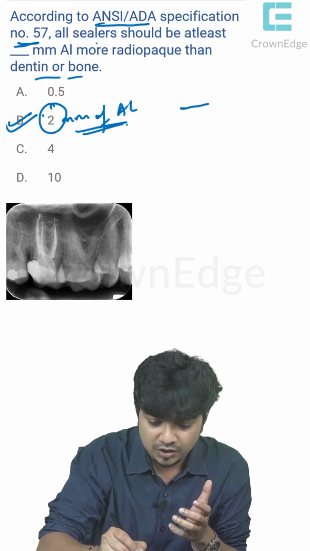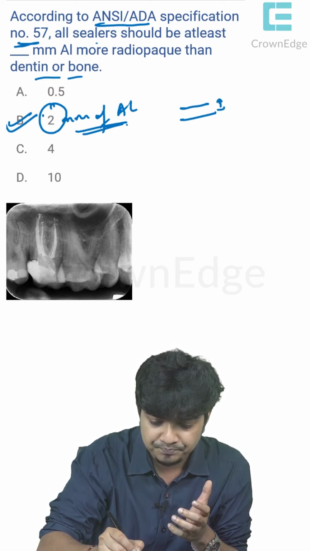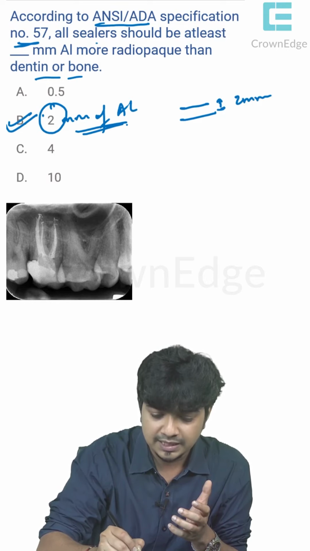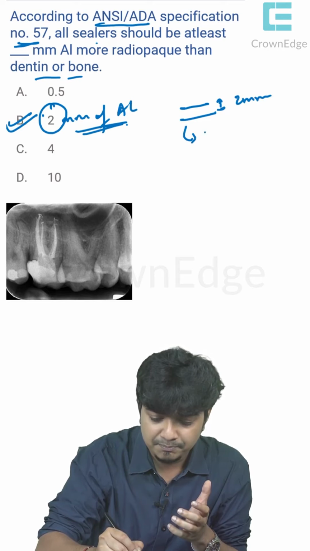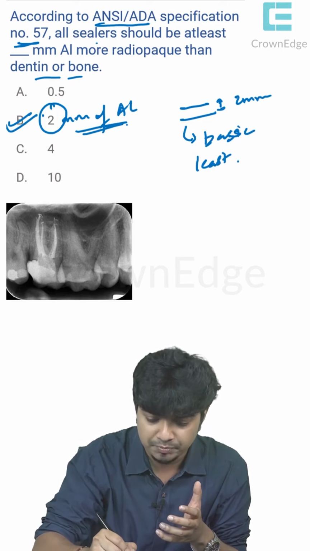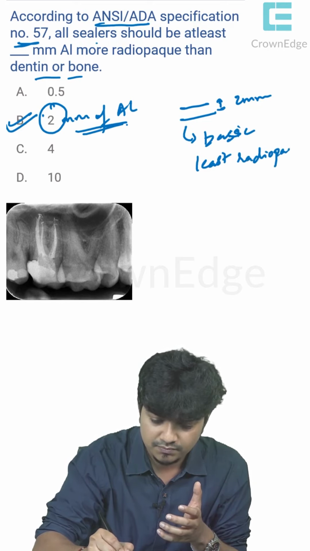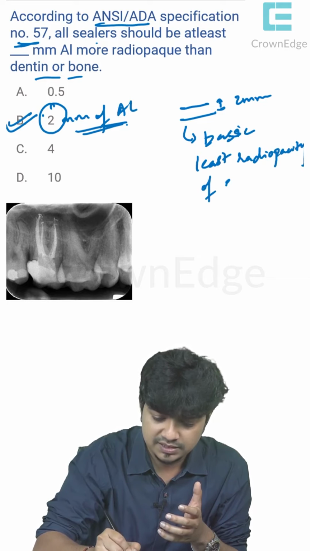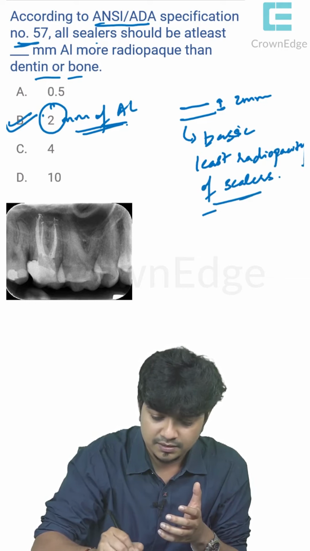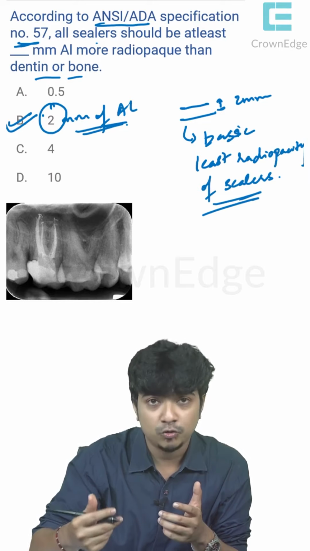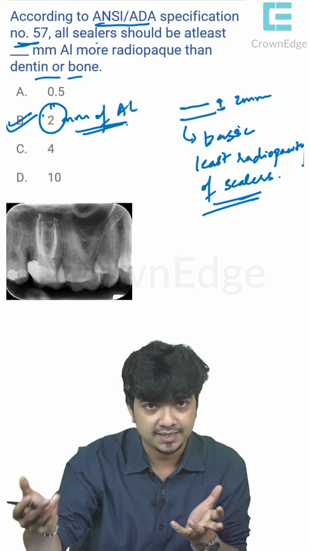That means that 2 mm of aluminium is required to be the basic, or the least, the minimum radio opacity of sealers, which has to be more radio opaque than the dentine or the bone which is adjacent to it.